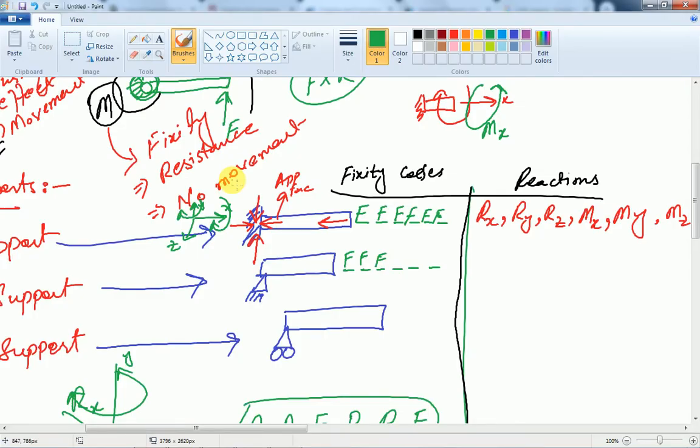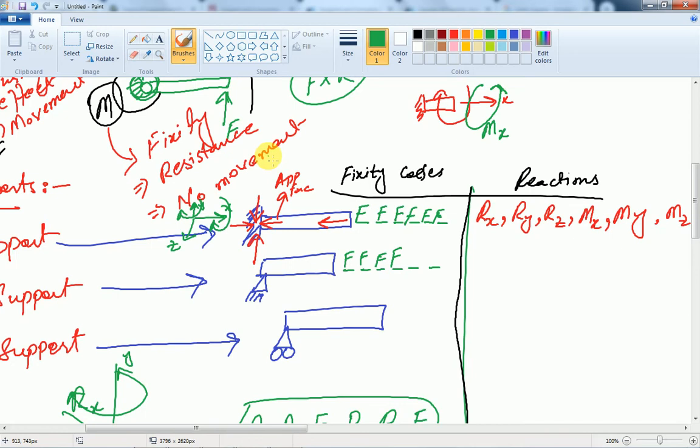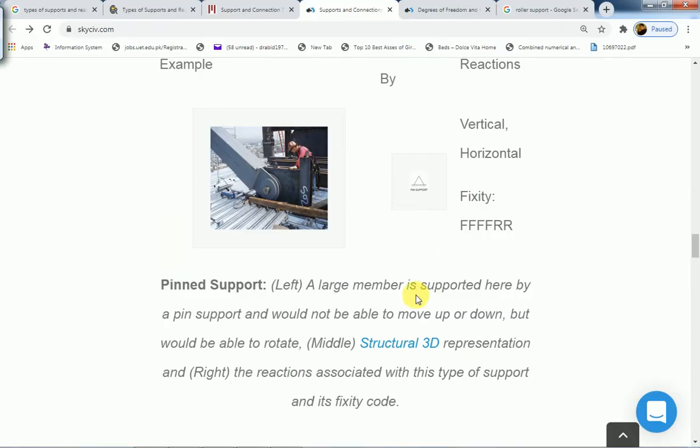For the vertical y-axis, is this body allowed to rotate about y-axis? No, it is not allowed to rotate about y-axis. It is also fixed. This is in the direction of pin. This is z axis, the third z axis.